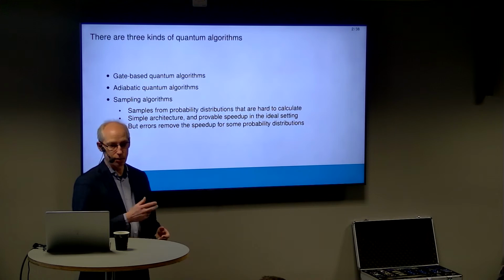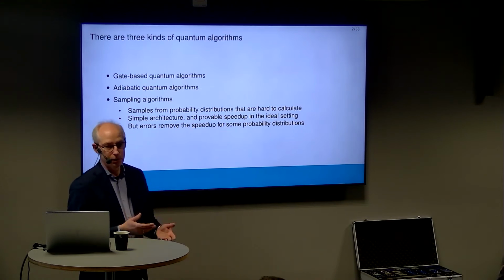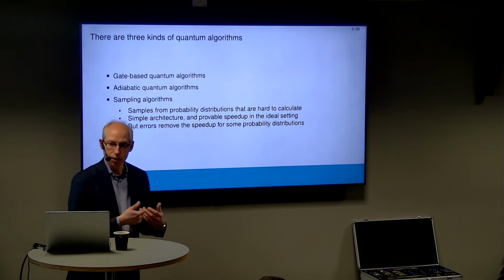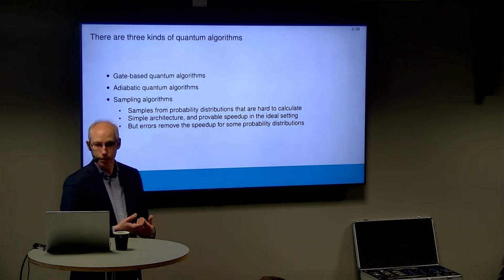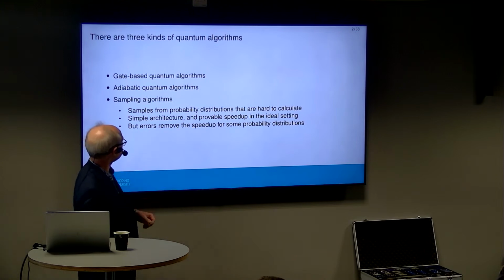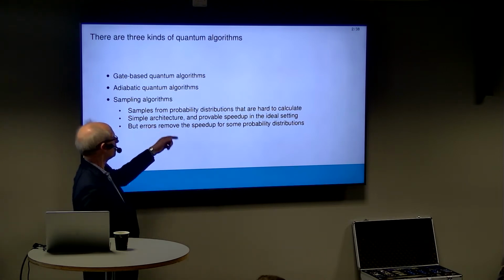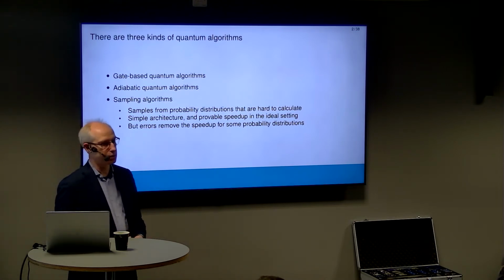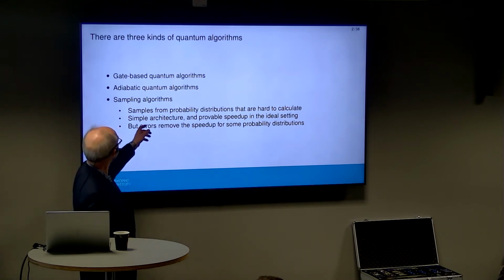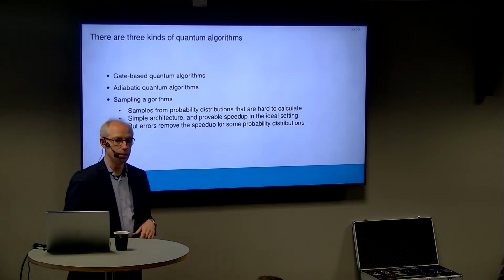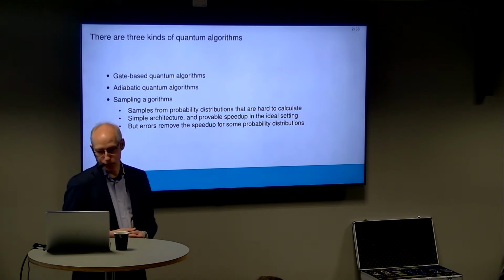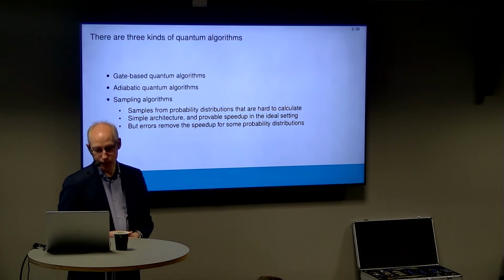That's really hard in the first two kinds. Part of my research is how to really show that you have an actual speed up. That's simple here. Also, it's simple to build, a simple architecture, so it's cheaper to build these things than the other two. And you can show more reliably that you actually have a speed up.